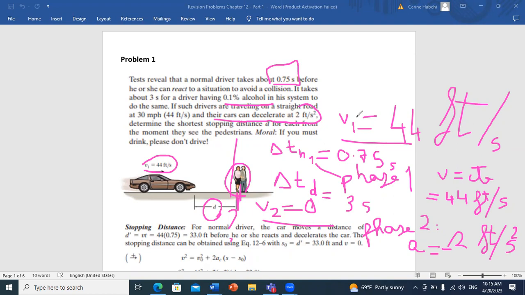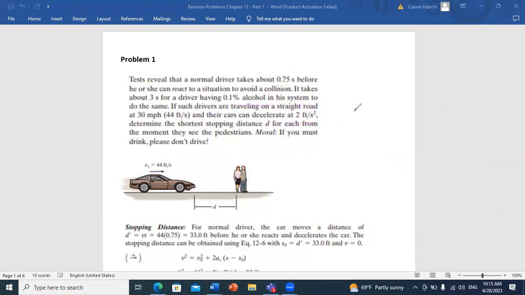Okay, so we use the same methods and equations, just the difference is delta t. So if you want to compute the total distance traveled, how can we split it? d total is equal to d1 plus d2. Since in phase 1 the velocity is constant, then we can just say that d1 is equal to velocity v initial, which is 44, okay, times delta t of phase 1.